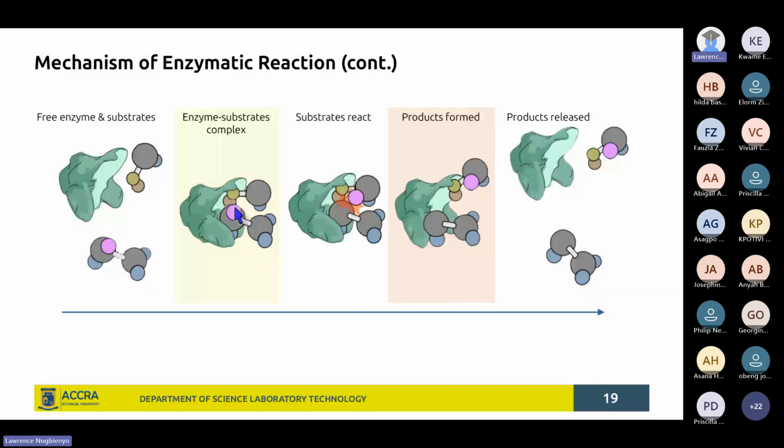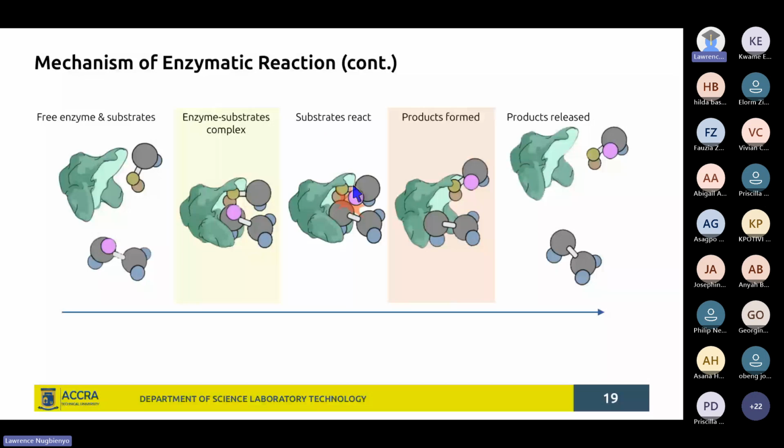Bear in mind that we did also talk of the fact that catalyzed reactions can already occur spontaneously, the enzymes only come in to speed up the reaction by lowering the activation energy of the reaction. So you see, you have these two substrates which are interacting in the active site.